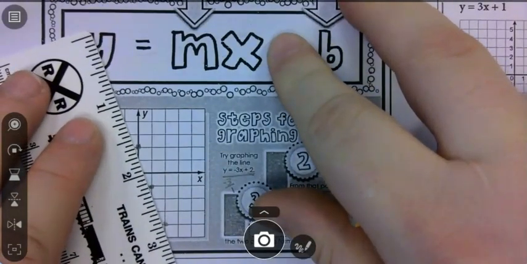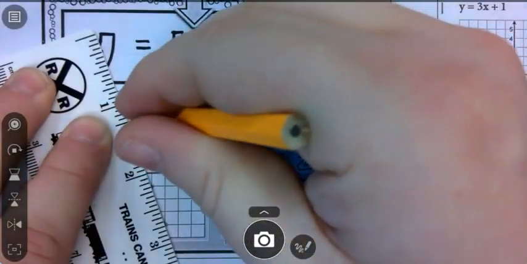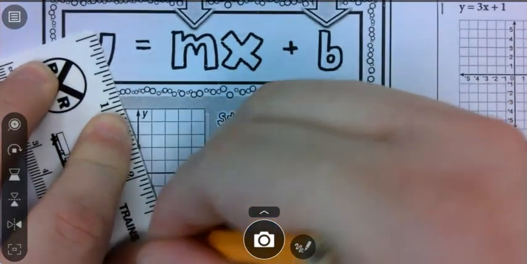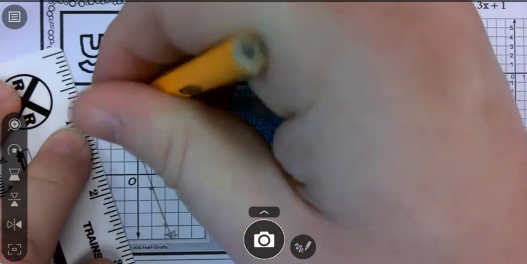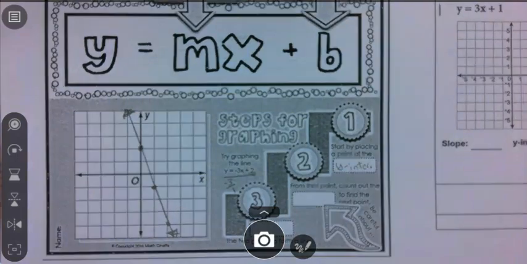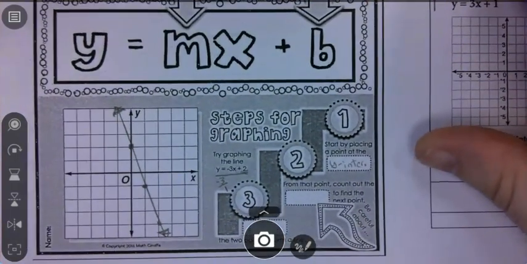Given that straight edge, we can go ahead and make our graph, give it some arrows, because that means that this line is going to go on and on forever and ever.